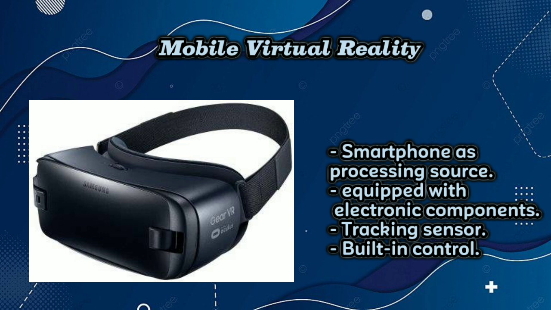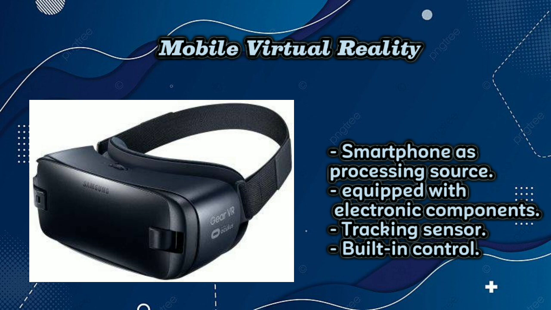Okay, so secondly, there is mobile virtual reality. This type of VR is almost the same as entry-level mobile VR because both of them use a smartphone as a processing source, but this type of VR is equipped with electronic components inside such as tracking and sensors, built-in control and focus adjustment, which add to the excitement when playing games.